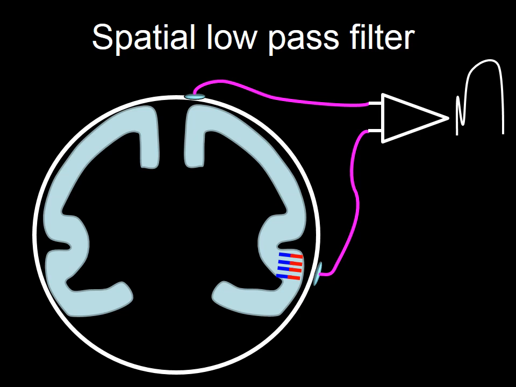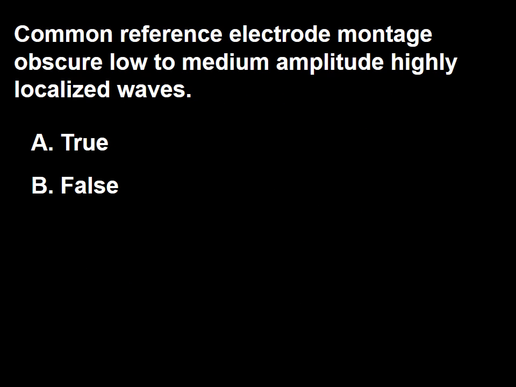It happens that the spikes usually arise from one electrode, whereas a slow wave usually has a more widely distributed field. So the answer to this question is true.